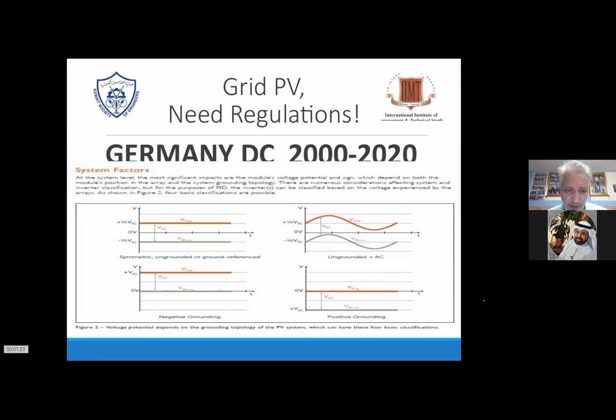There were a lot of different ones, and of course some module suppliers, or now PID issues, which we see. You have to either earth the negative or the positive. In America, by law, you're supposed to earth one of the poles. This is not happening in Europe. They do it because of PID, but normally they are actually not earthed at all.